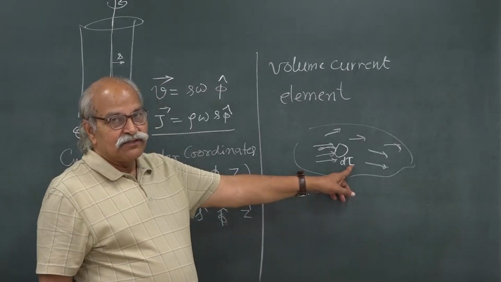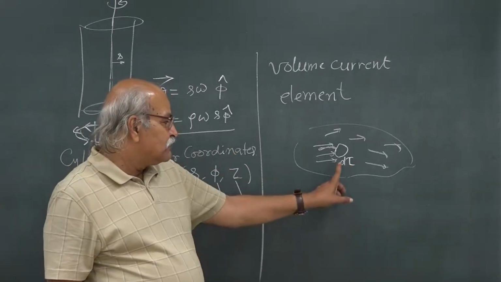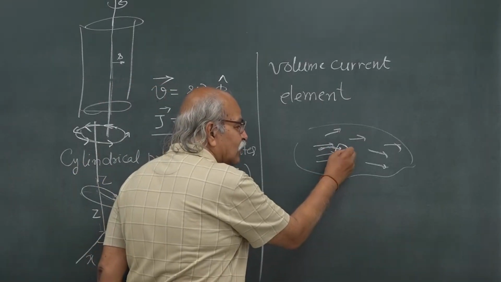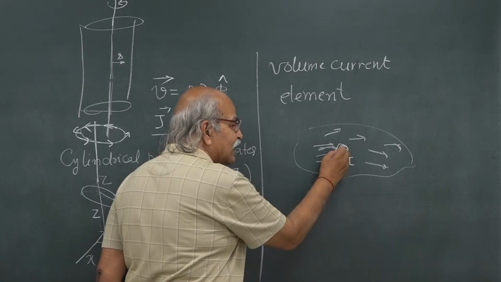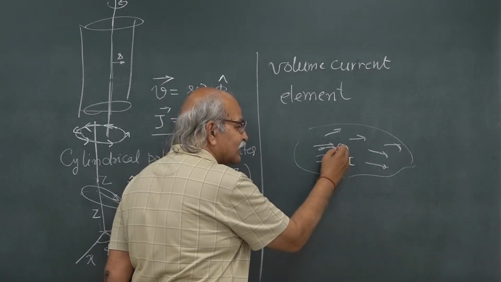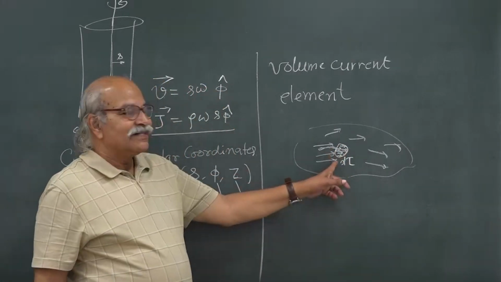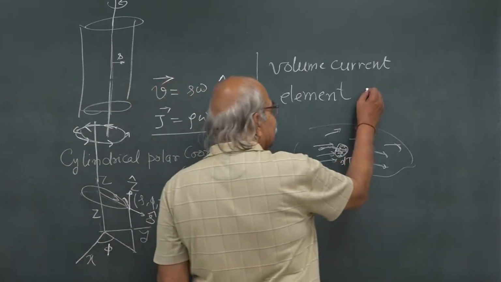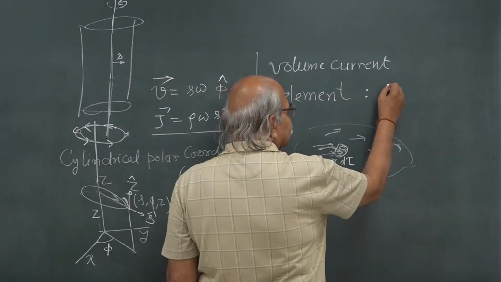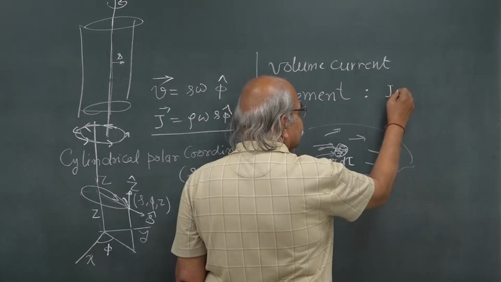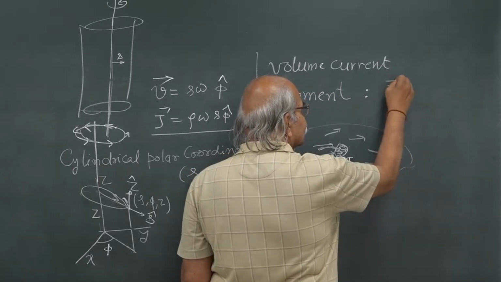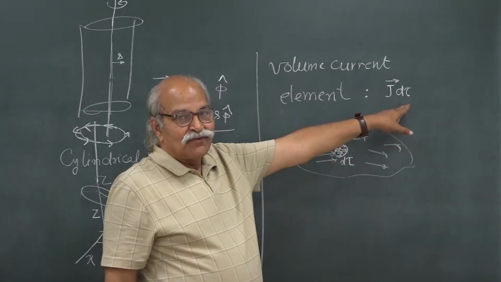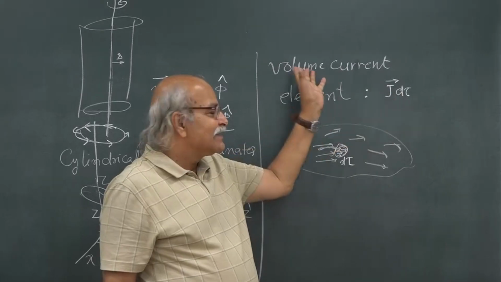So, whenever we talk about small volumes, our symbol will be d tau. So, how much is the current in this particular volume? That is known as the volume current element, and that is J d tau, the volume current density multiplied by that small volume. So, that is our current element.